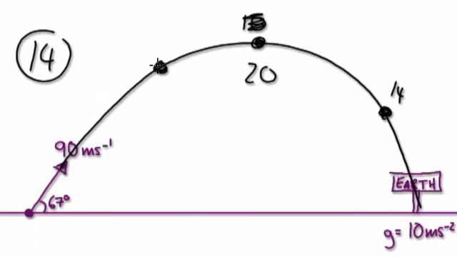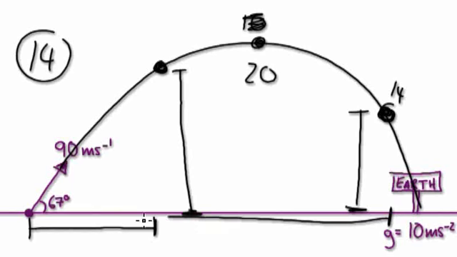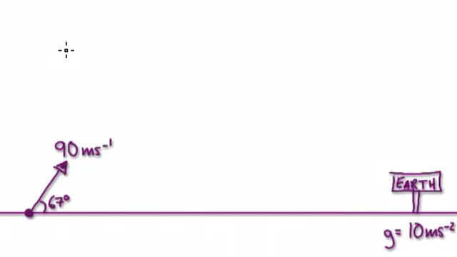So the cannonball is rising. If it's rising, work out the height of this cannonball and the distance of this cannonball here. Okay, so find out the location of the cannonball after 14 seconds.